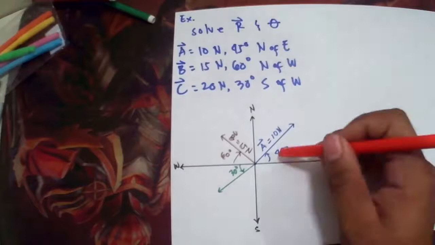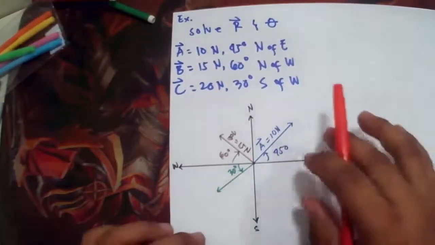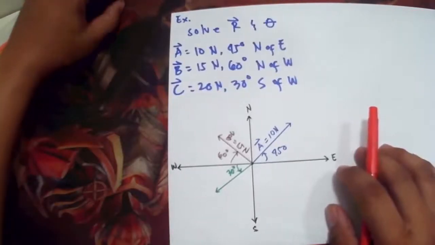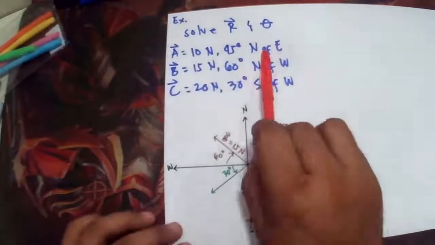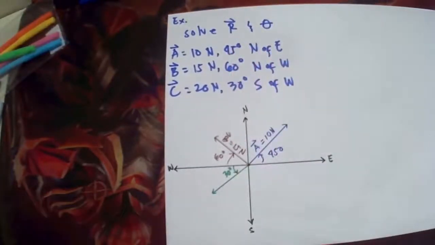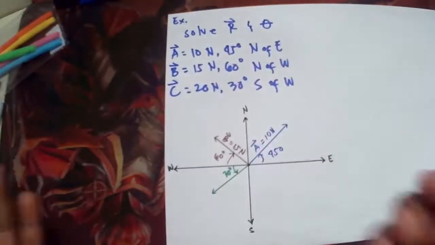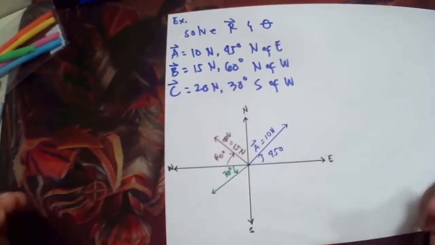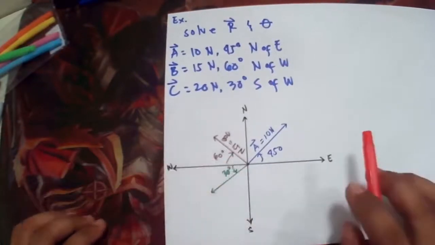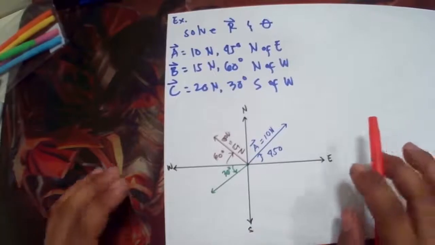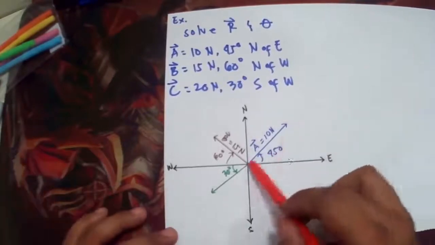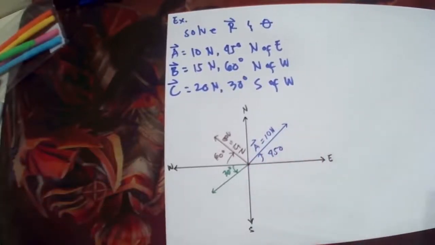So I have already plotted the vectors so that we can utilize our time. Now for vector A, that's north of east, 45 degrees. This is just an approximation. I don't really measure the angle with the protractor, but I just assume that this is 45 degrees because we are in analytical. We don't need to plot the vectors in an exact measurement based on our protractor.